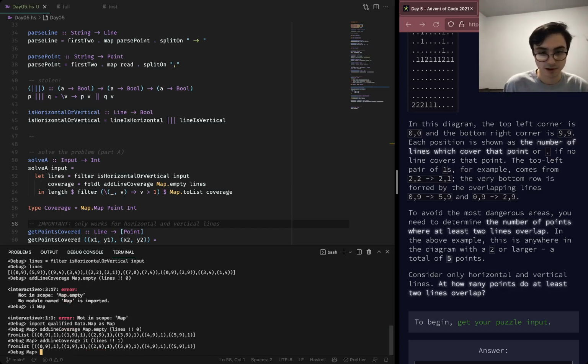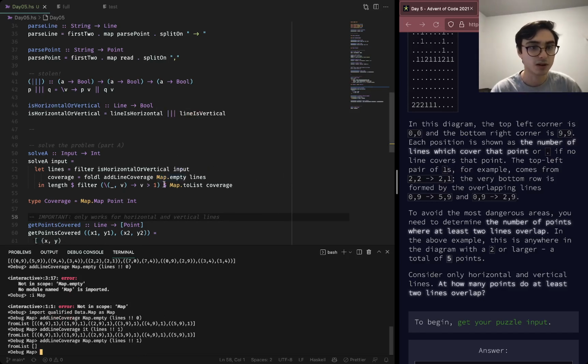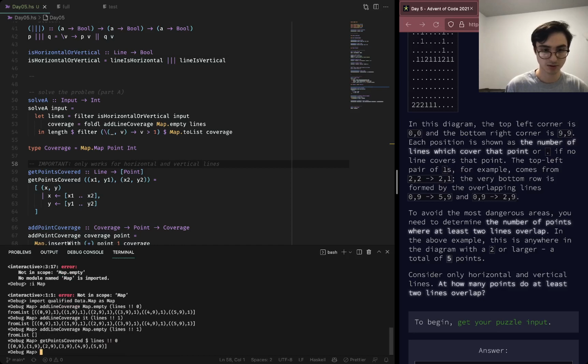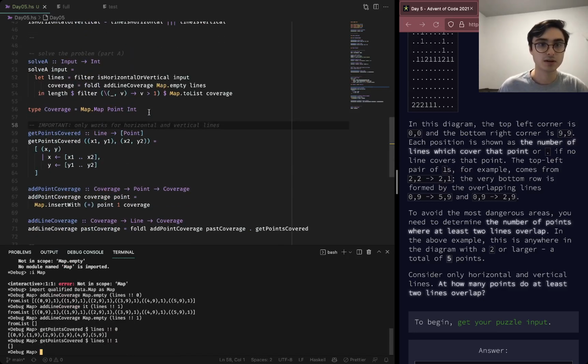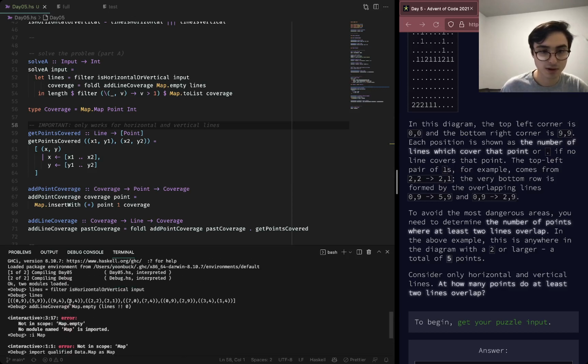That doesn't seem right. What is the second? That doesn't seem right at all. Maybe our get points covered. I was fine for that. Didn't work for 1. Well, that's weird. Is it because they're not ascending? 9,4 and then 3,4. Yeah, that's why.